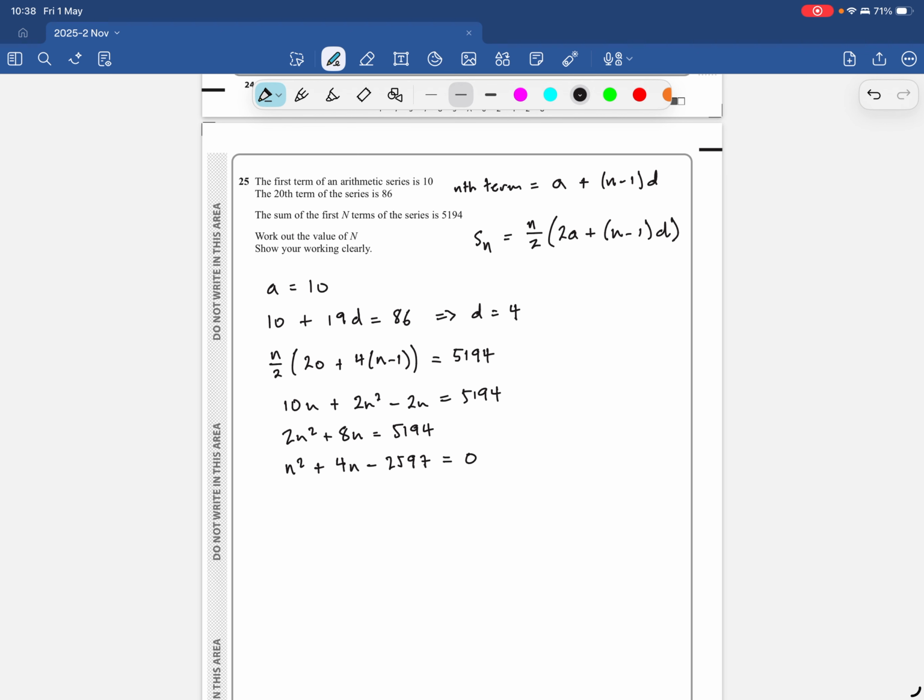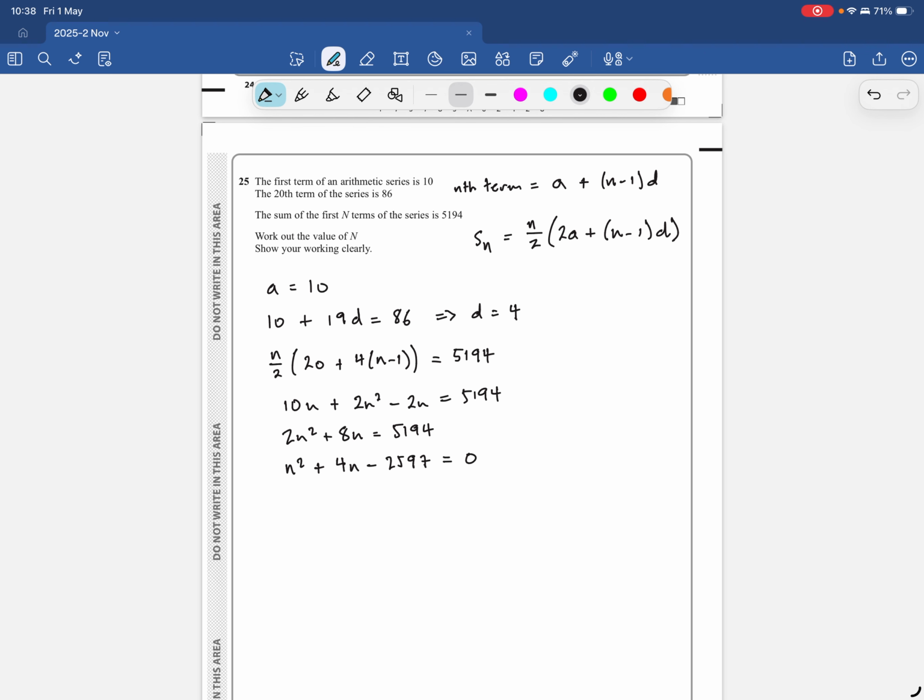Now you're going to have trouble here factorizing this kind of in your head, because you need two numbers that multiply up to minus 2,597, which are kind of 4 apart, one of them being negative and one of them being positive.